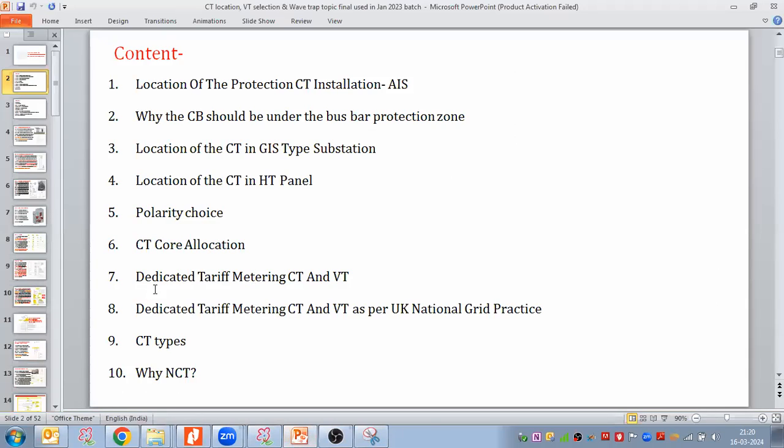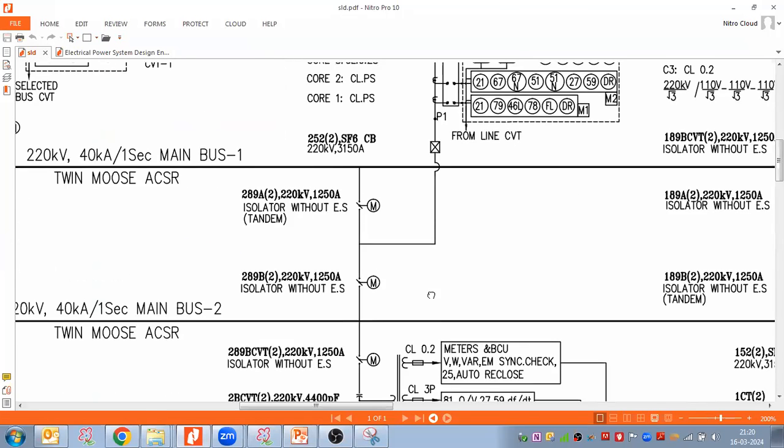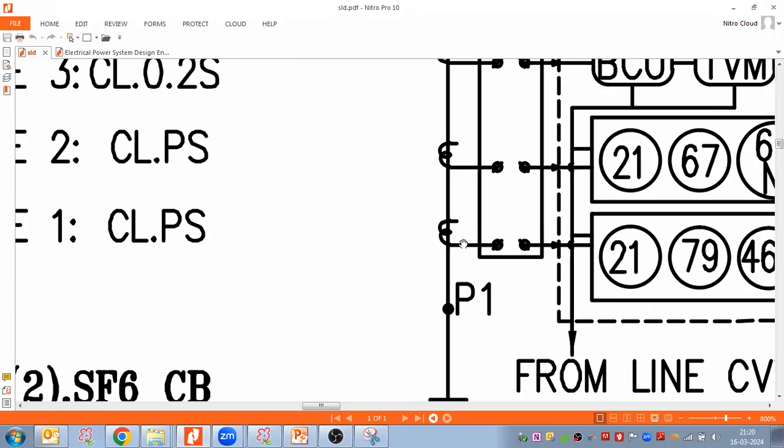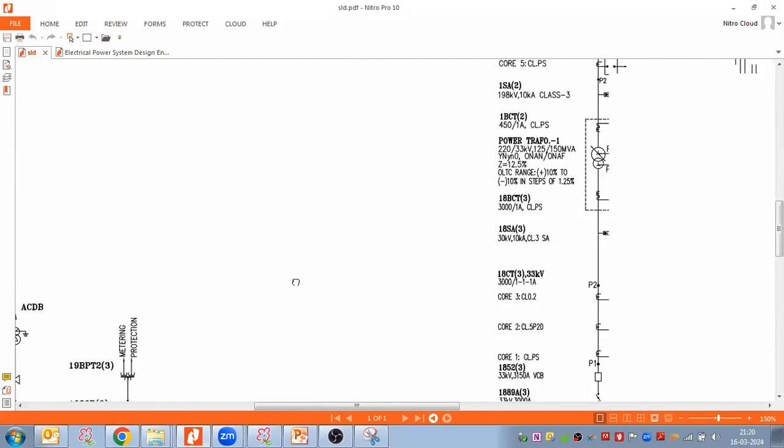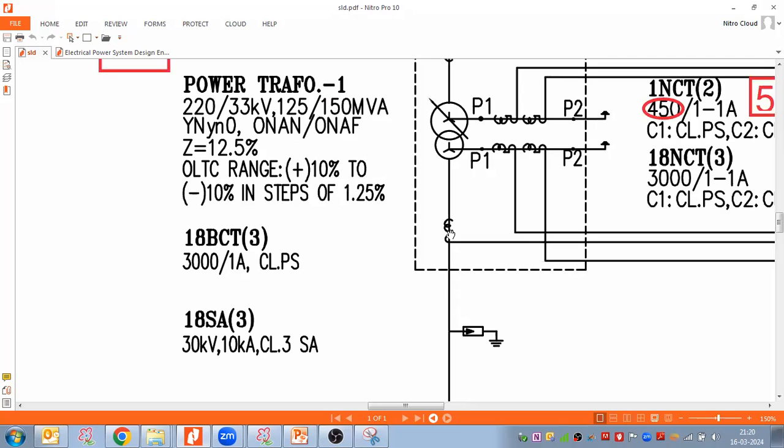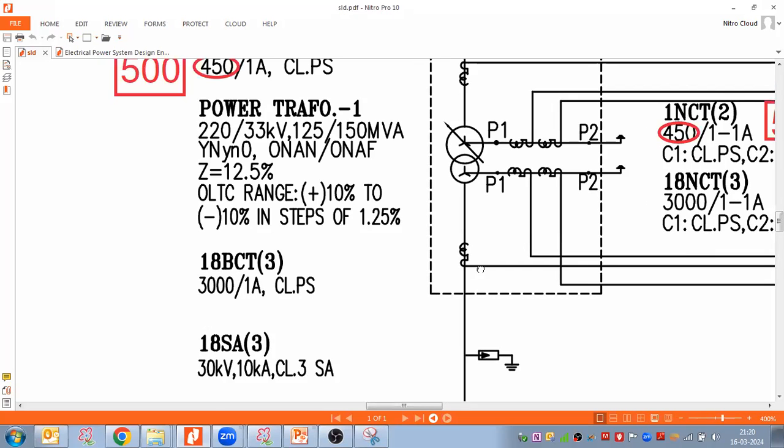For the dedicated tariff metering CT and VT, I will take it as per Asian practice and as per UK National Grid practice. And then CT types: it could be a phase CT, a neutral CT, or a bushing CT. What I mean is, if you see the single line diagram, this CT winding looks like this, but when you come to the transformer in the SLD, the same CT symbol changes like this.